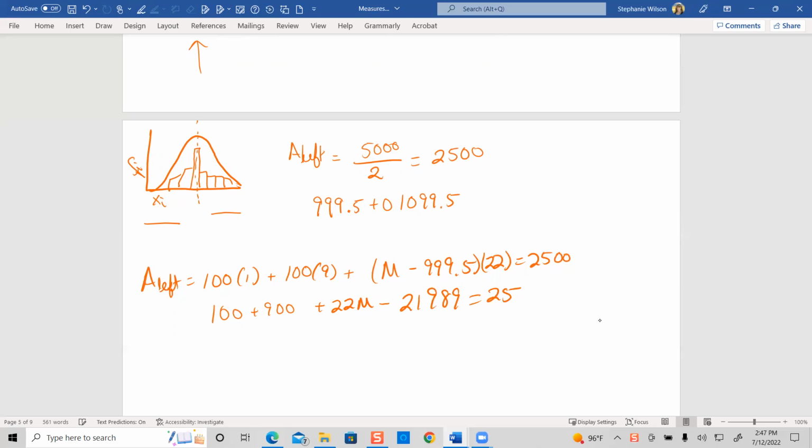All right, so let's keep combining and then move everything to the other side. So I got 1,000 here minus this here, and that gives me a negative 20989 plus 22m, equals 2,500. Now let's add this to the other side.